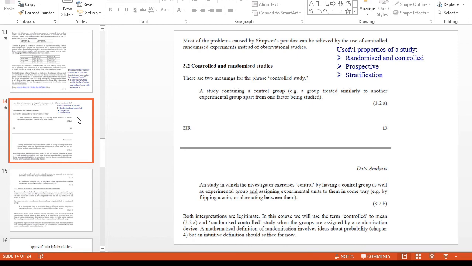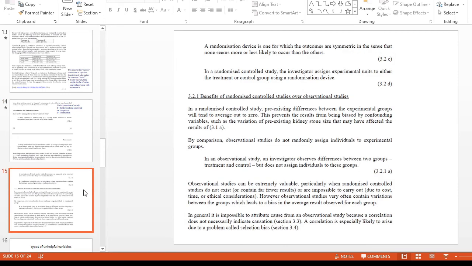Now, in the case of the kidney stones data, that would eliminate the problem of patients with their doctors choosing with a bias so that the more seriously ill patients chose a particular treatment. In a randomized controlled study, pre-existing differences between the experimental groups will tend to average out to zero.